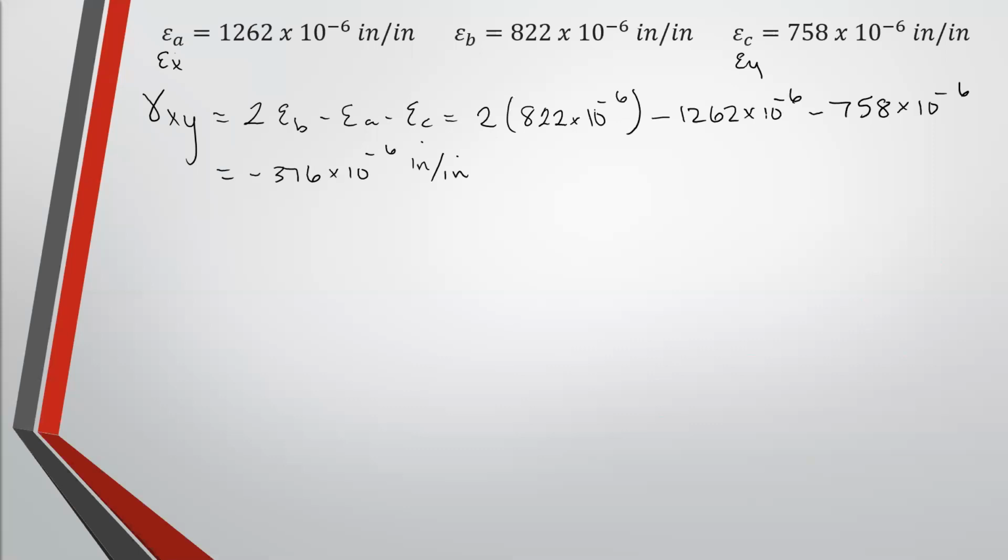Now we're going to use G, right? Because our next step is to calculate tau, or shear stress. That's G times gamma. G, we weren't given G, but we can compute it. It's E over 2 times 1 plus Poisson ratio. And we're going to multiply that times gamma xy.